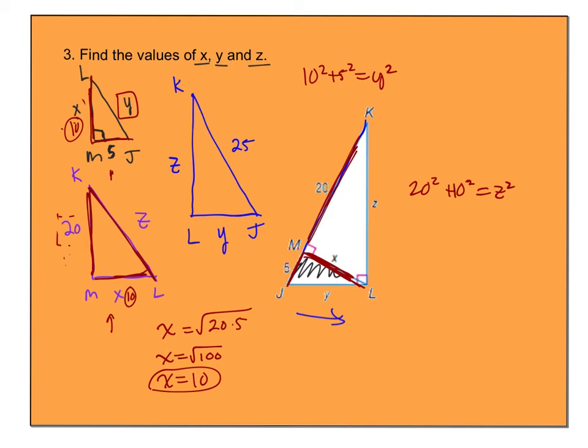So let's see, that would be 125 equals Y squared. So square root of 125, Y is going to equal 11.18. And this would become 400 plus 100, so square root of 500.